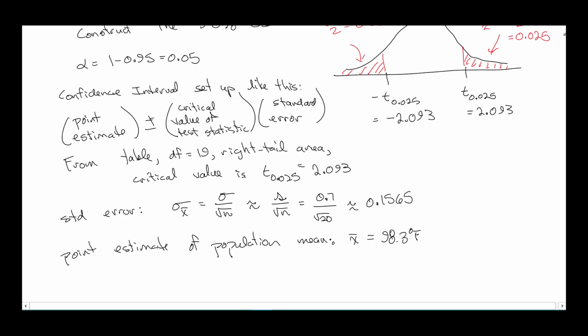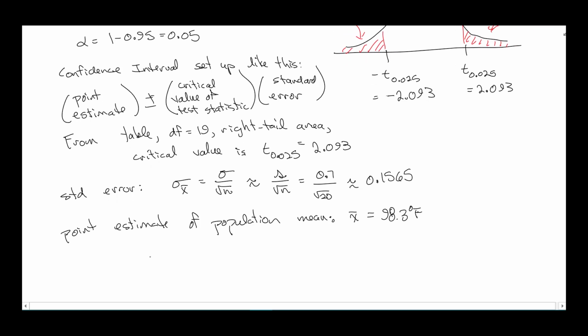Okay, so we set up our confidence interval, so that means that my 95% CI, we're going to have 98.3 degrees Fahrenheit plus or minus 2.093 times 0.1565.